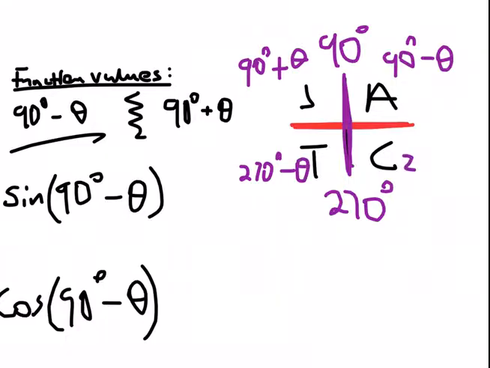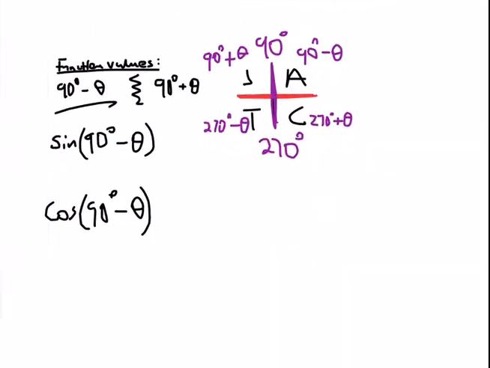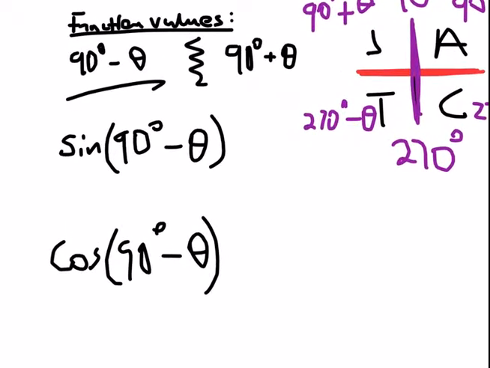And if we say 270 plus, it will fall into this quadrant. So now how do we reduce that? This is exactly how you interpret it.